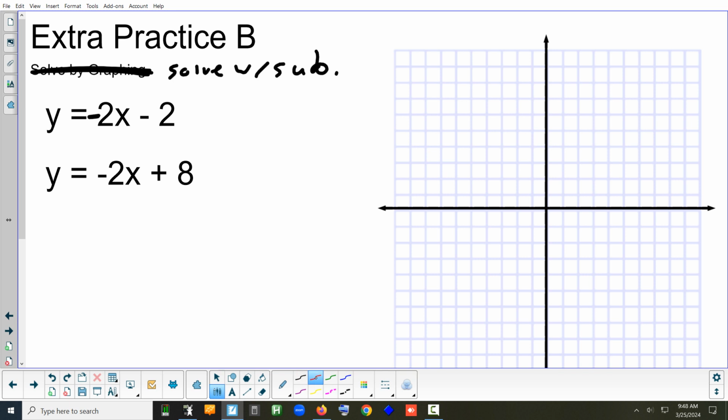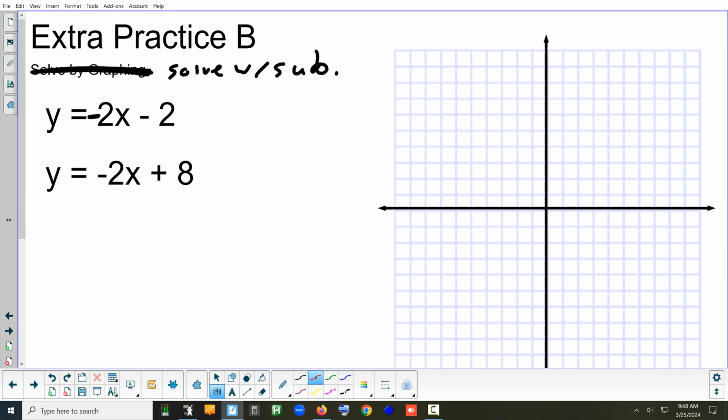Okay, so let's just do the first step together. When you're doing substitution, we put the parentheses in. Where would we put parentheses in the top? Around the y.